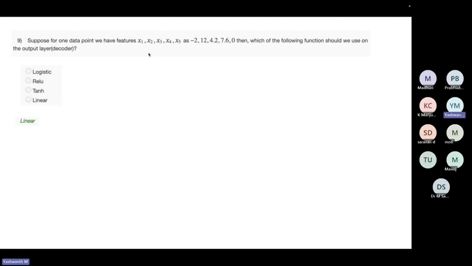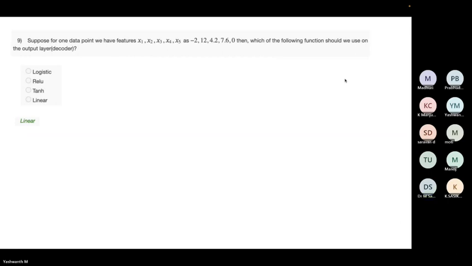I have shown the answer as linear. Why do you think the others are not suitable? ReLU will not have negative values.